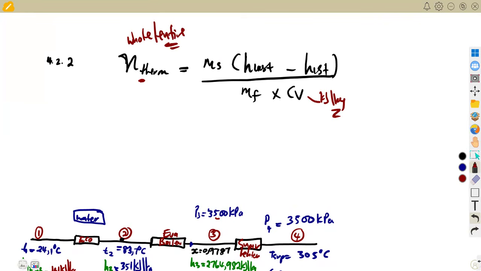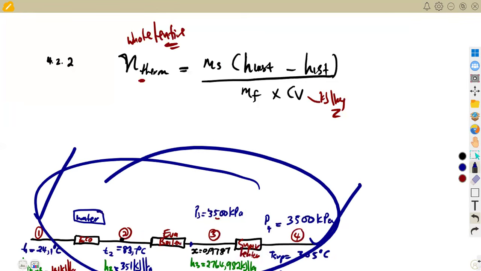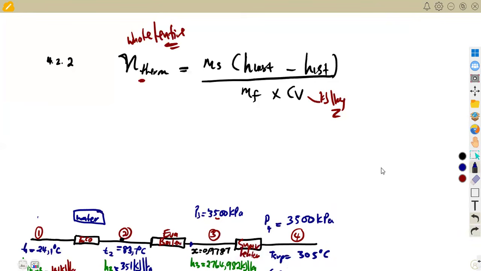So for the entire plant, it means we are considering the last one at the end of the plant. The H first is the one at the beginning of the plant. That is for the whole plant. Guys, you must understand this.